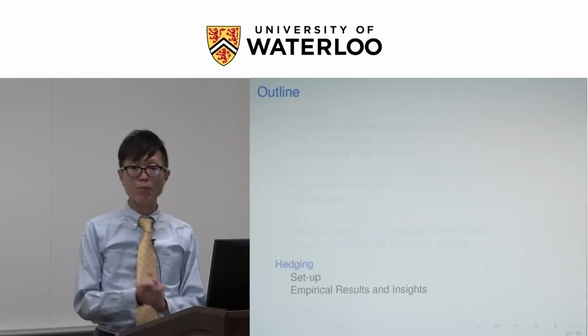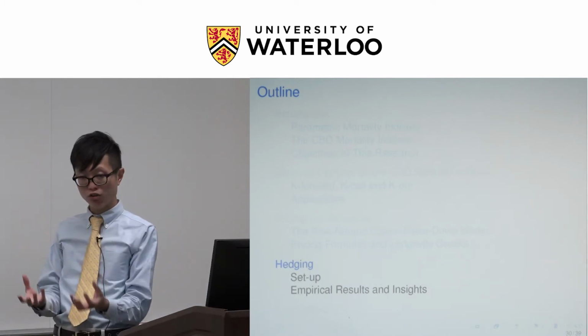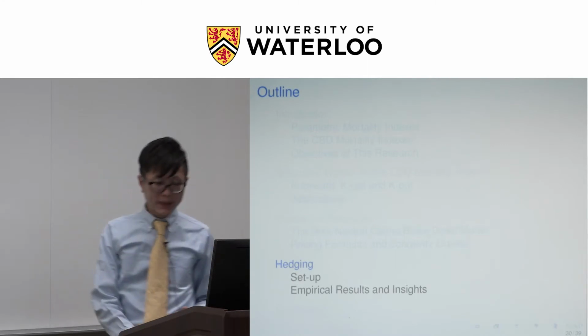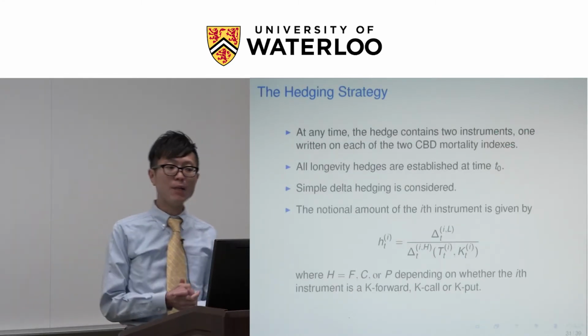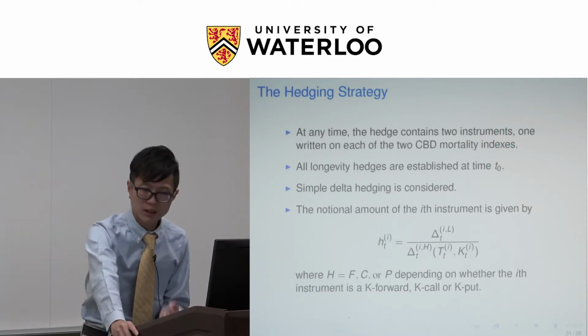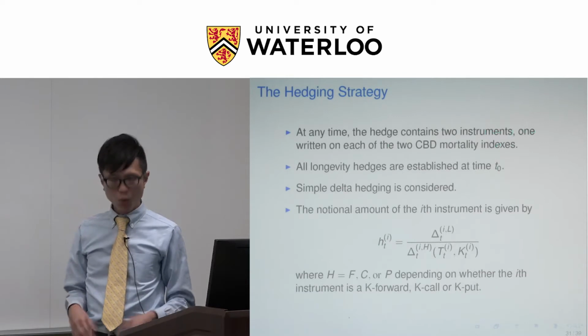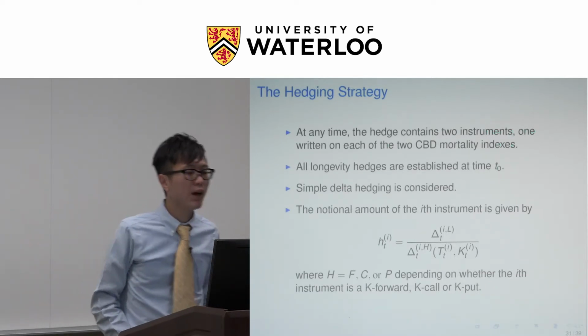Okay, so with all these, I can develop some hedging strategies for pension plans. So let me begin with the setup. For simplicity, I'm assuming that at any time, the longevity hedge contains two hedging instruments, one written on each of the two CBD mortality indices.